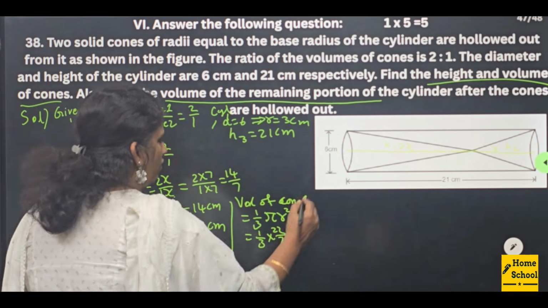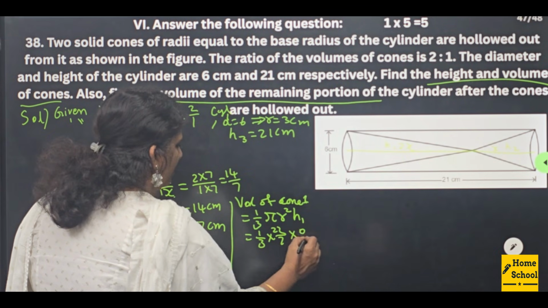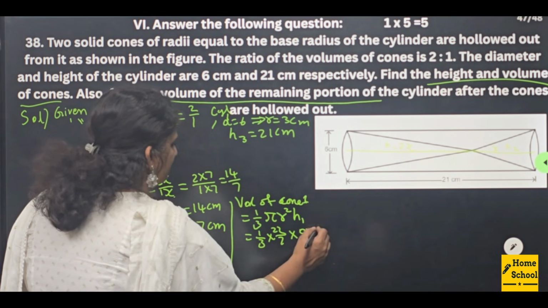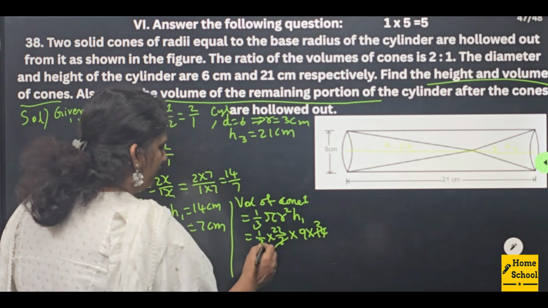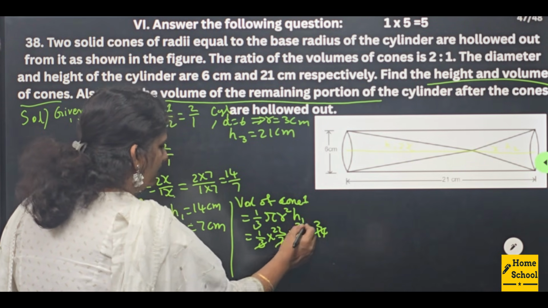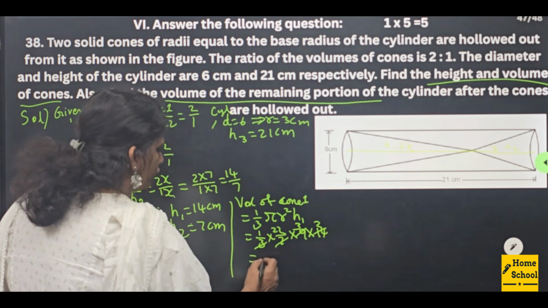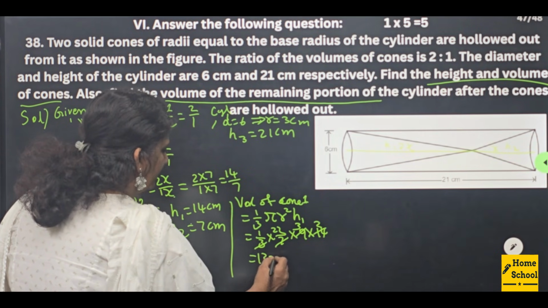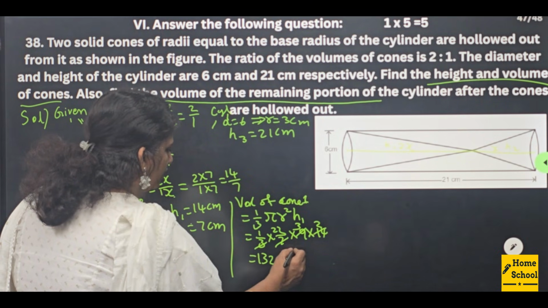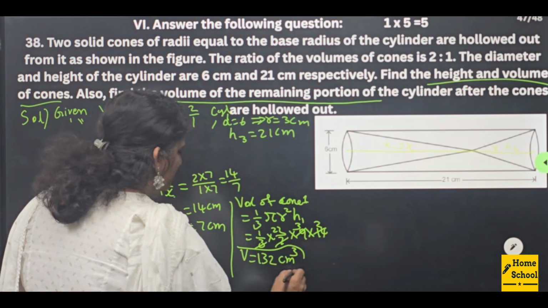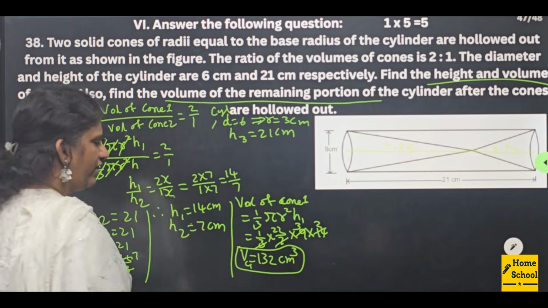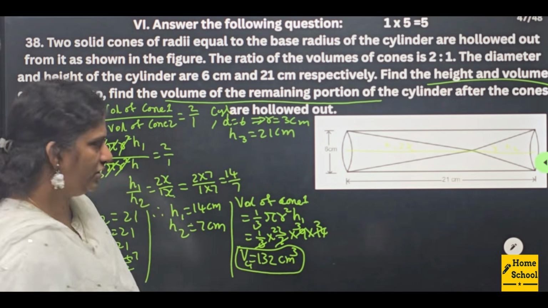What is the radius of the cone? 3. 3 3s are 9, into the height of the first cone, which is 14. 7 2s are 14. 3 3s are 9. 3 2s are 6. 6 into 22, 132 centimeter cube is the volume of the first cone. Volume of cone 1 is 132 centimeter cube.